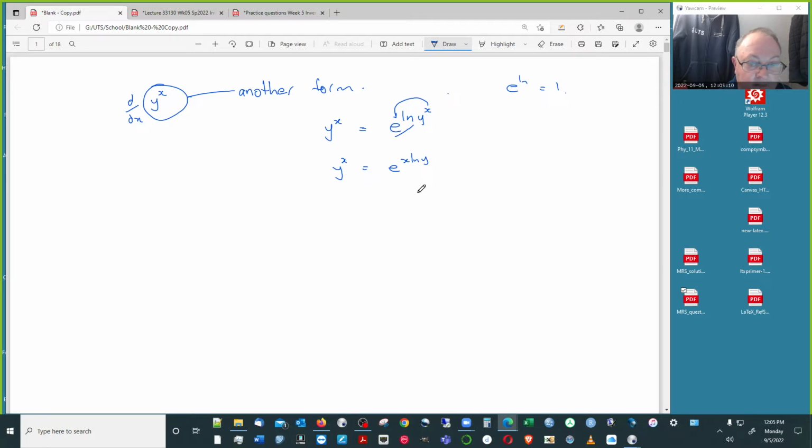Okay, now that's helpful. Right, why is that helpful? Because it helps us to explain why the raising to the power results in another part.